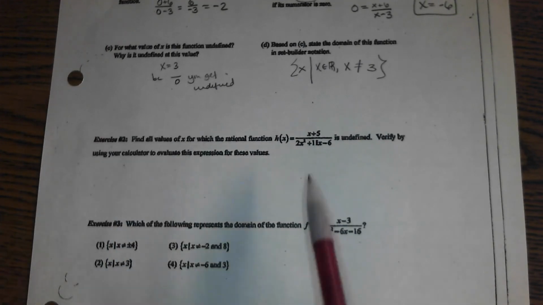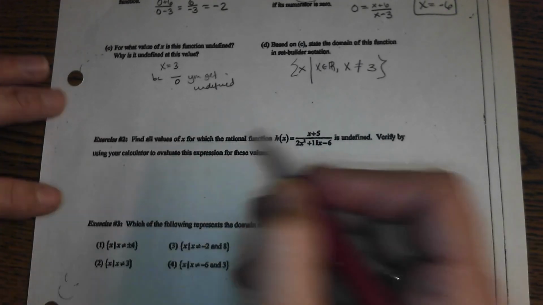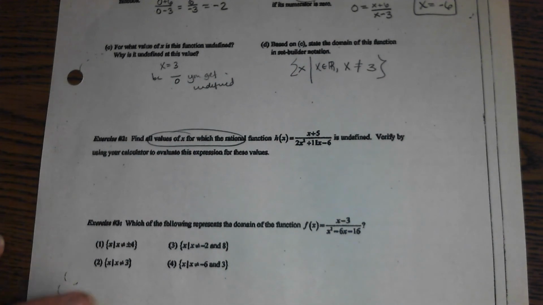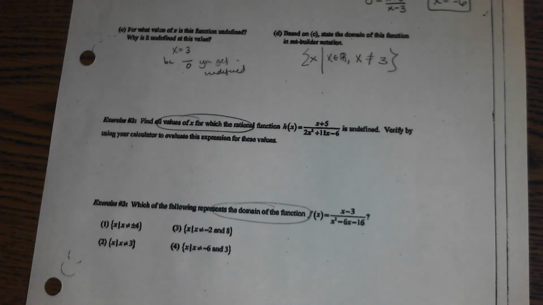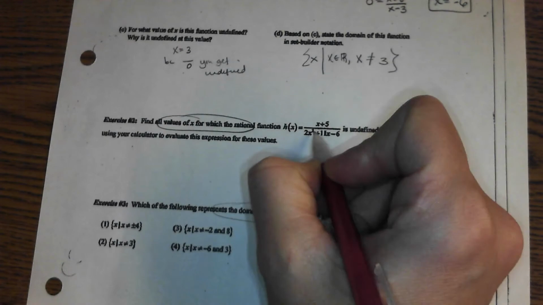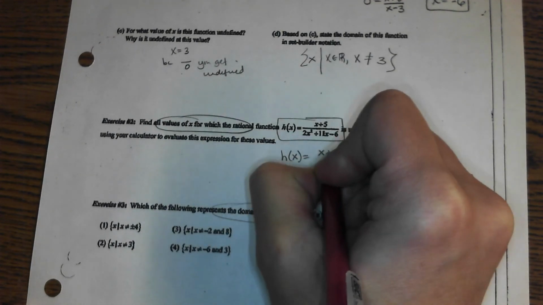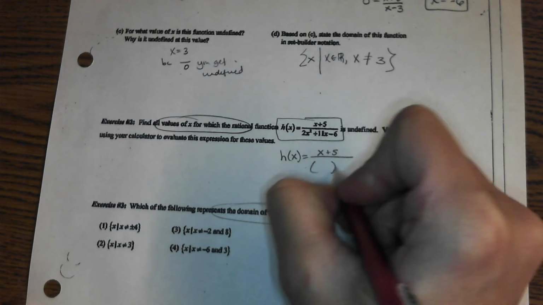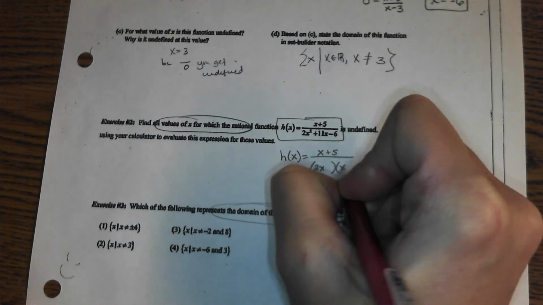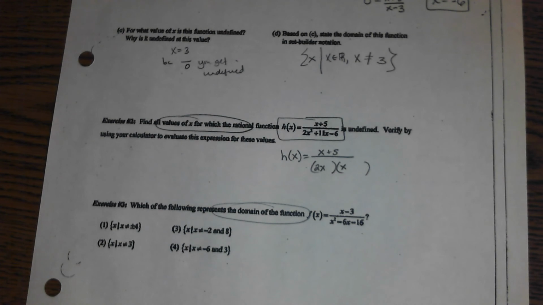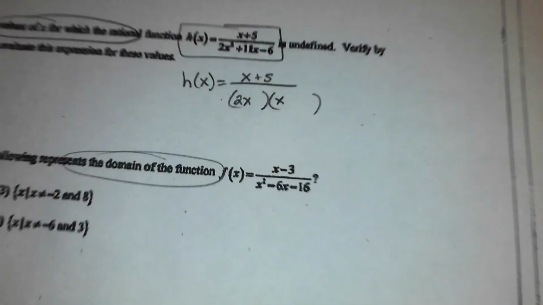Okay? So anytime you're asked, like in exercise 2 and 3, about values of x for which it's undefined, the domain of a function, this is always based on your denominator. You have to think very heavily, your denominator cannot equal 0. So if we were to factor this, your numerator can't be touched, but your denominator can be factored into, let's guess and check, it has to be 2x and x to make 6.